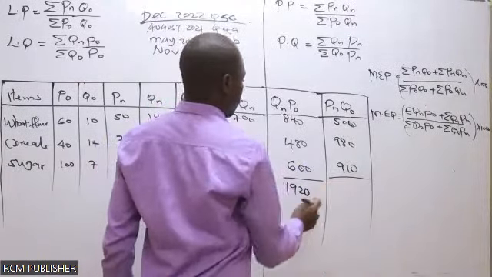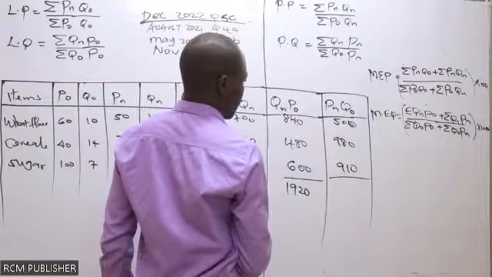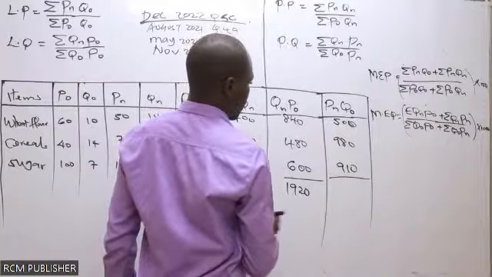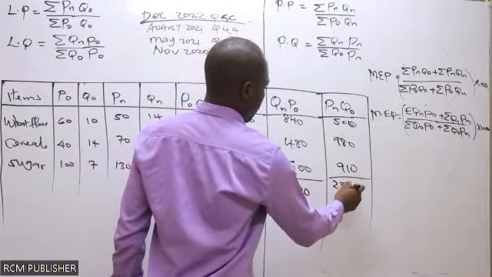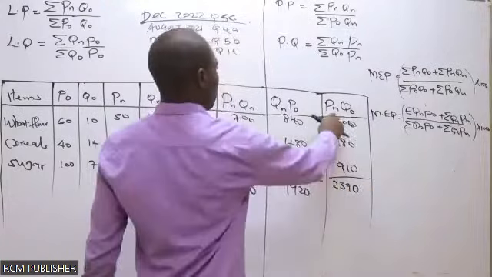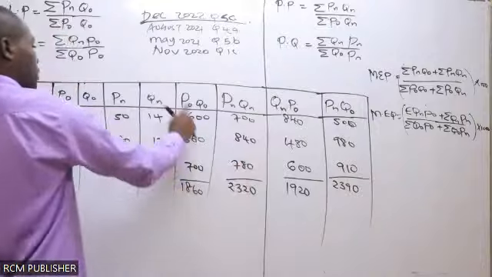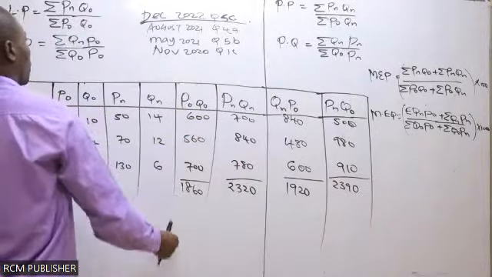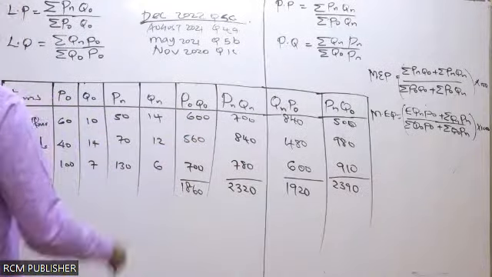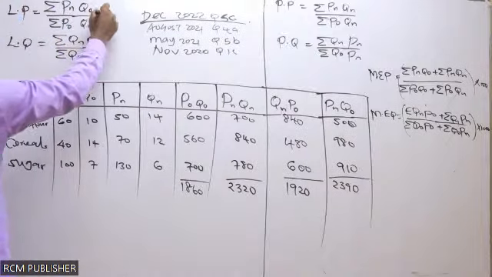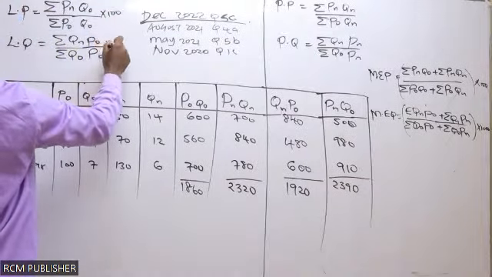And then the last one, 2390. So that is the summation of PNQO, QNPO, PNQN, POQO. So now simply come to your formula. Of course, we express them all as a percentage.